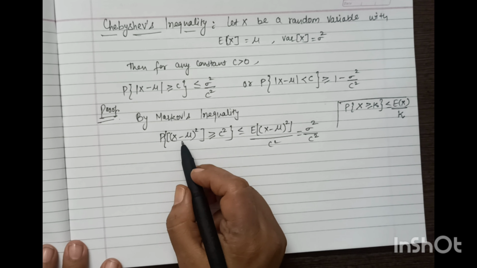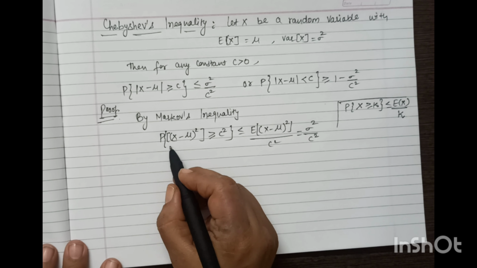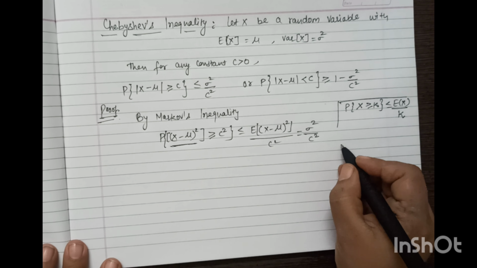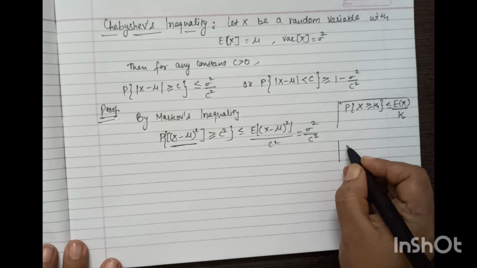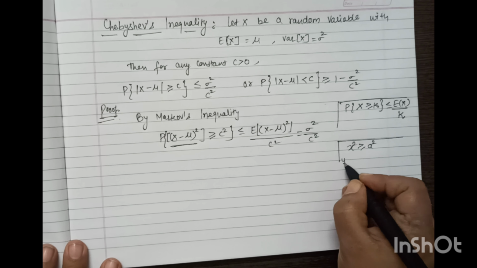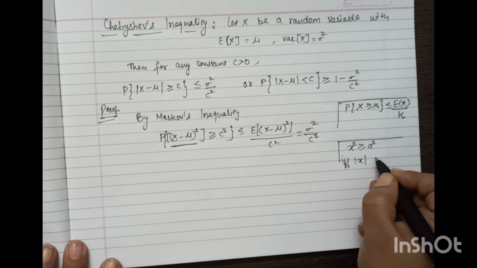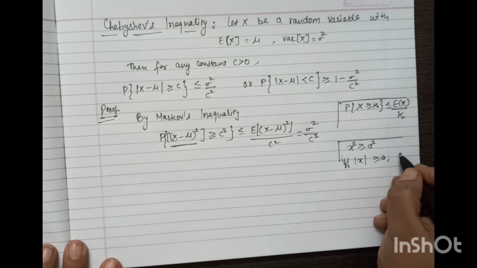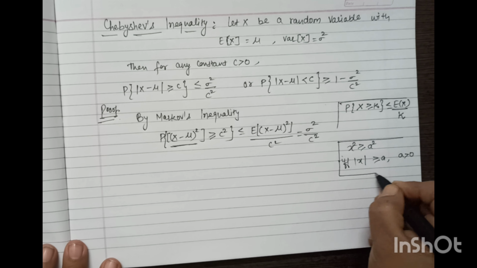I'm replacing this square with the modulus in the inequality. Whenever we have a square concept, we replace it with the modulus concept with positive quantities only.